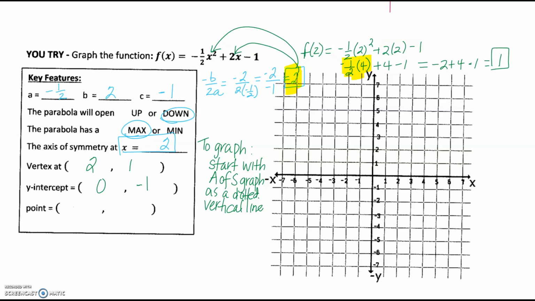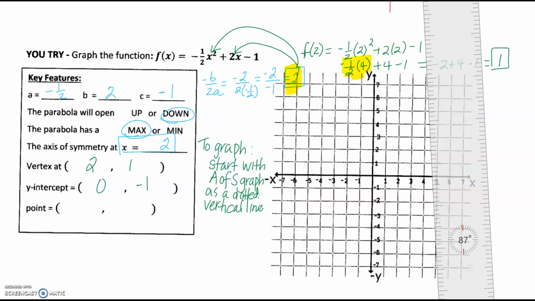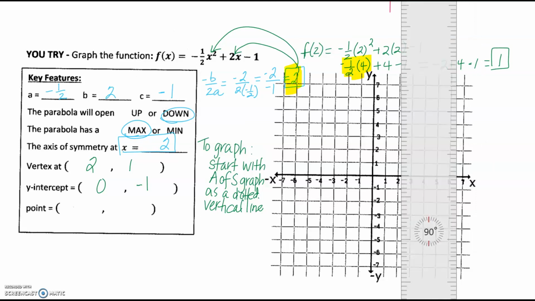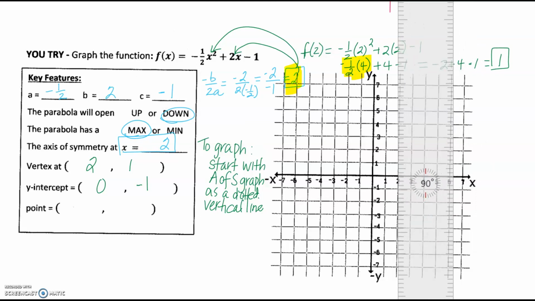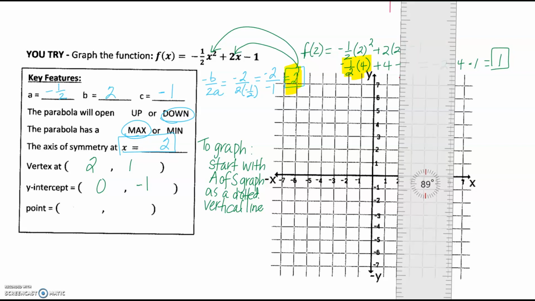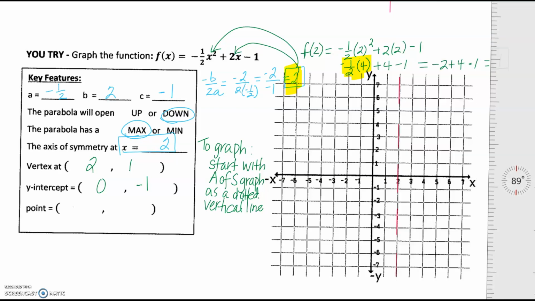I'm going to get my ruler. And I make a dotted line. This is x equals 2. You can label it at the top or the bottom. x equals 2. Okay. That means my parabola is going to be symmetric on both sides of that dotted line.